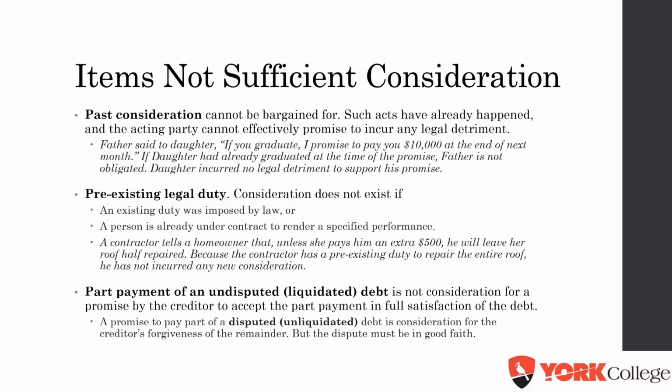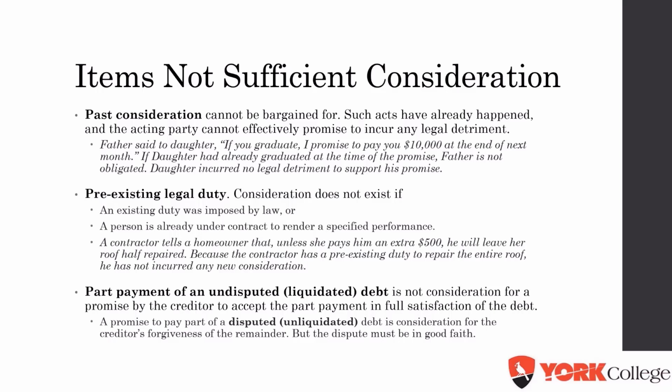In the case in which it's undisputed debt, then the promise of a creditor to a debtor saying, hey, if you pay me like 25% of what you owe, then you're fine and you don't owe me anything, that is not valid consideration.